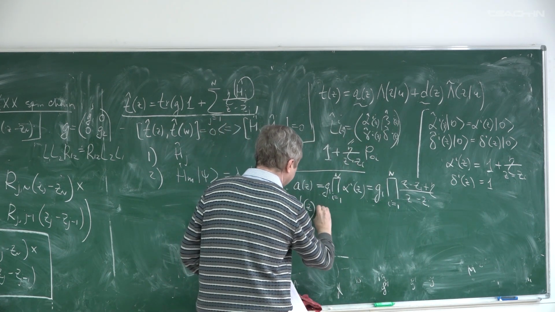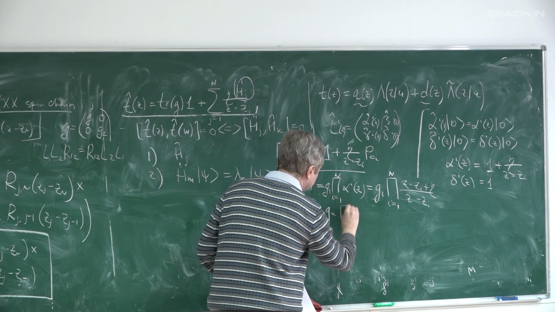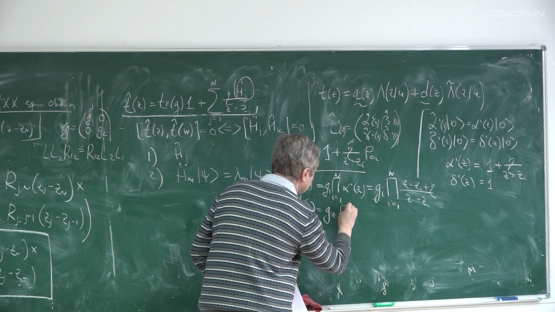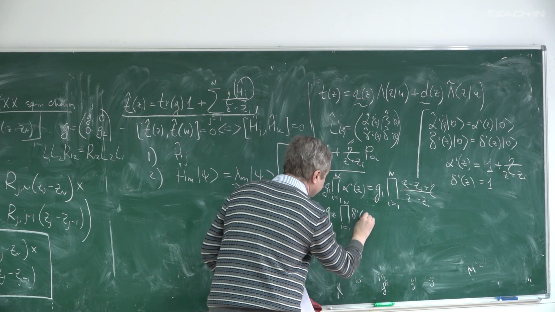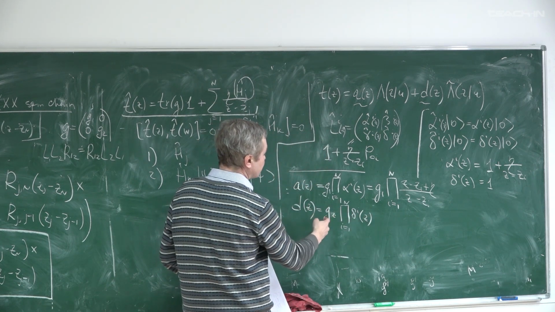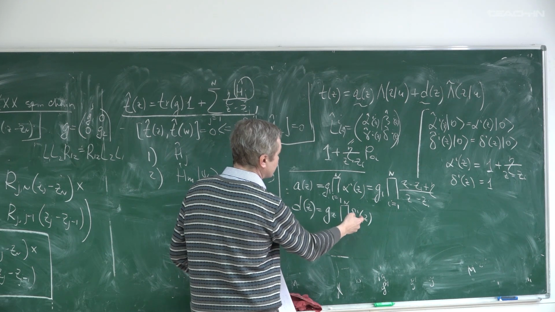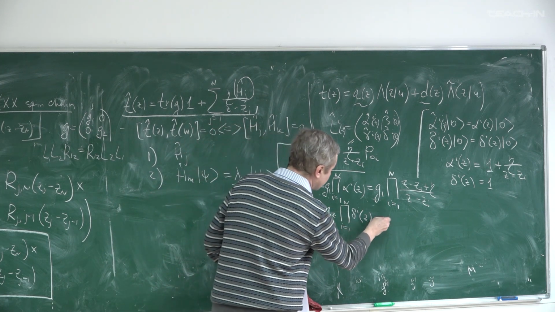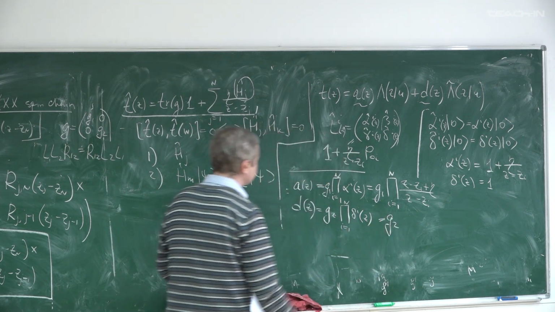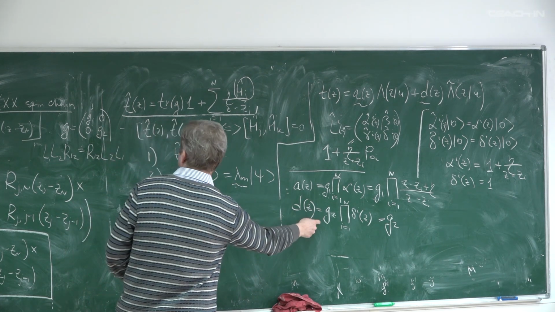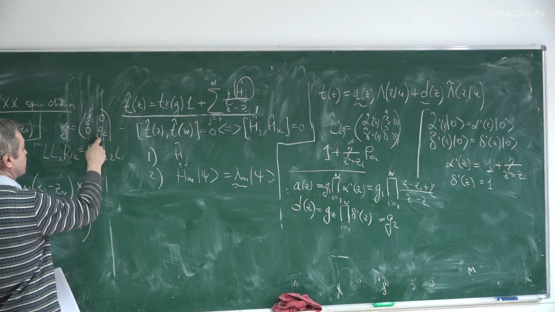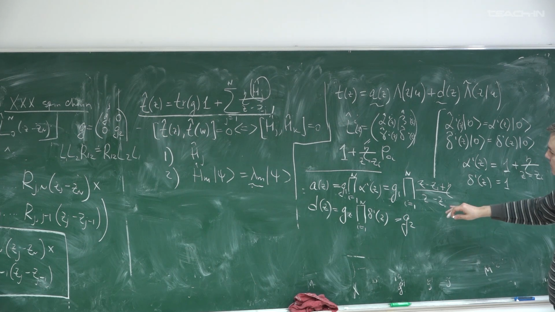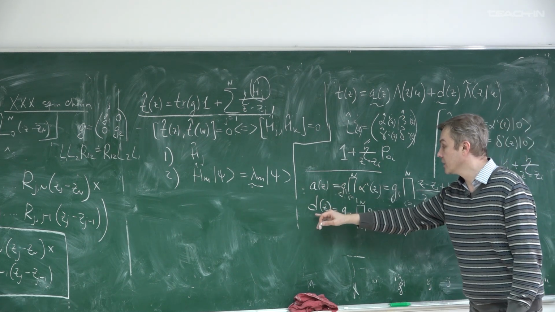And for this D, we had the definition as a product of functions delta, which are equal to 1. And this is why we finally have here only G2. And this G2 is this element of the twist matrix. So now we have two concrete expressions for the functions A and D.